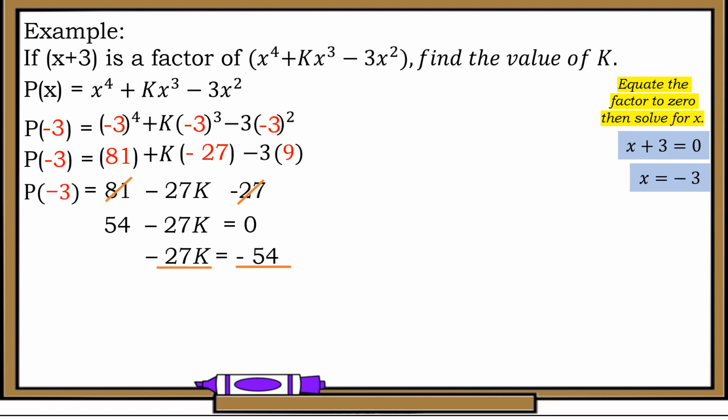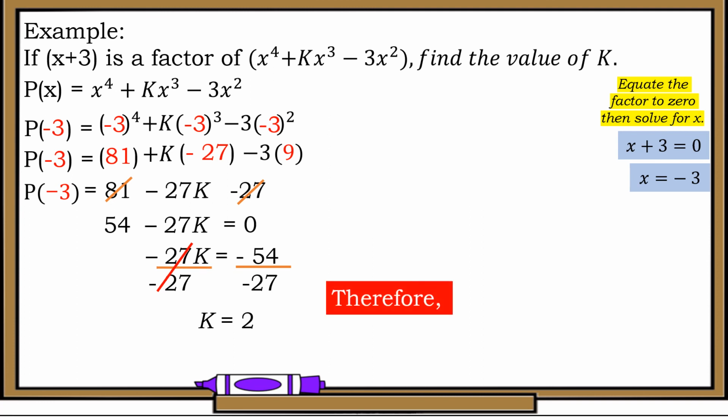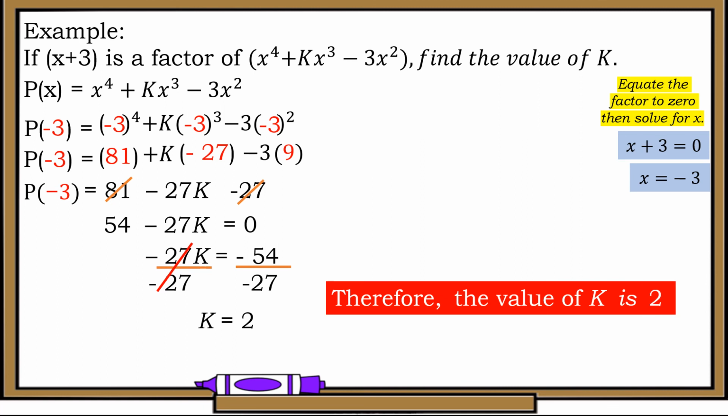Para makancel yung kanyang numerical coefficient at ang maiwan ay k. So, negative 27 divided by negative 27 is 1, kasi 1 times k is k. Negative 54 divided by negative 27, we have positive 2. Therefore, the value of k is positive 2.